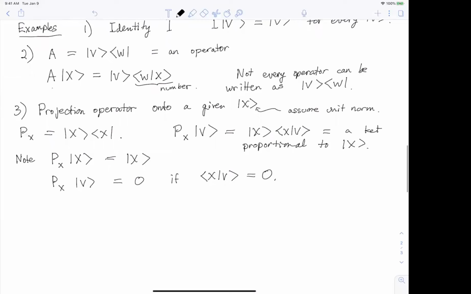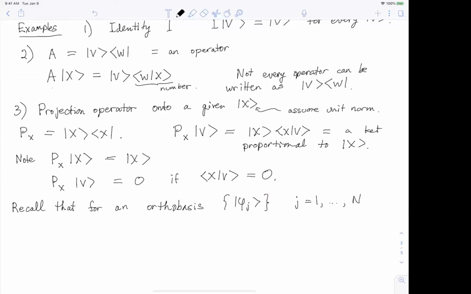Okay, so recall that for an ortho basis, that's a set of kets phi, which are labeled by some index j. j is going from 1 up to the dimension of the Hilbert space. Let's call that n.